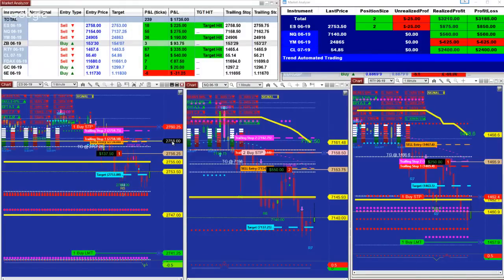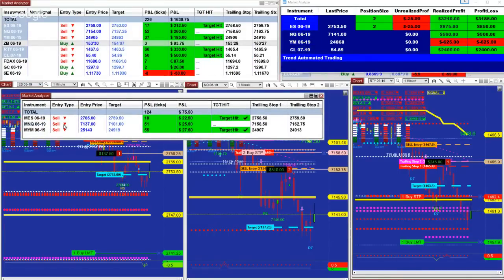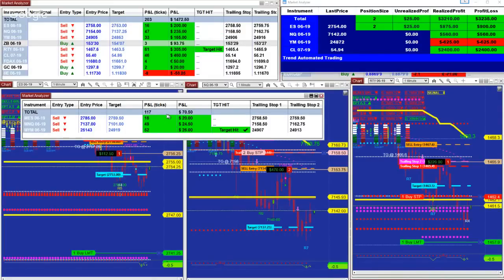Also, one of the advantages for those who have a problem pulling the trigger on a live trade: right now, we have a great opportunity to use the micro account, and this is the micro account.